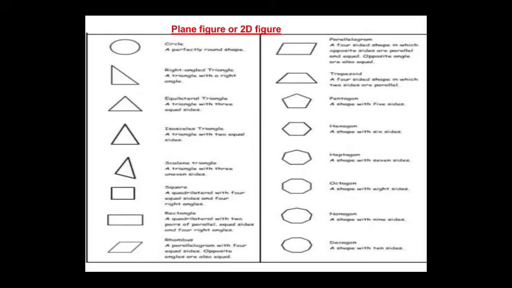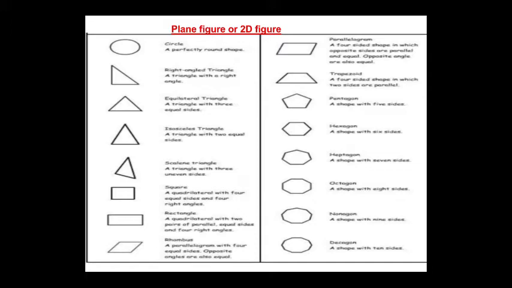Before going to the shapes and angles chapter, let us recall what plane figures or two-dimensional figures are. A circle is a perfectly round shape, and it is a closed figure. A right angle triangle means, I already explained the angle. What do you mean by angle?